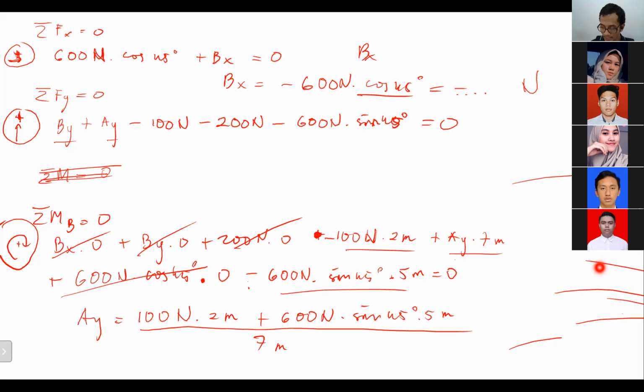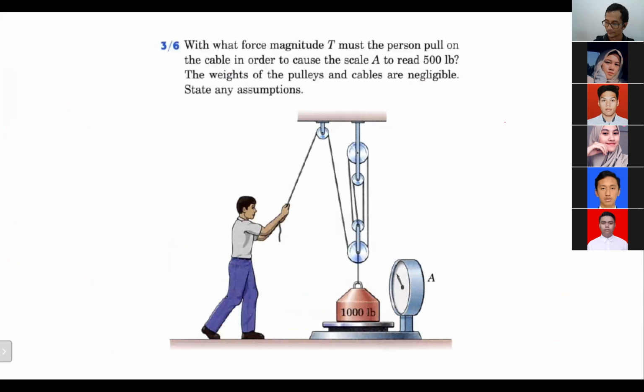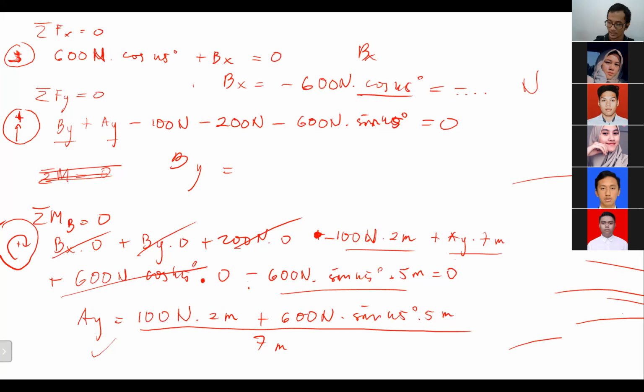After you got the AY here, then you can solve for BY here, right? In the second equation. That's it. Everything can be solved. So BX is there, AY is here, BY can be solved. That's the way to solve it. You get it, yeah? Yes, I get it, sir.